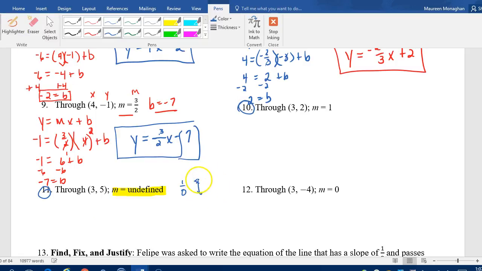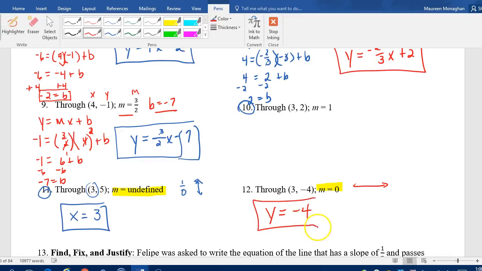It's a vertical line if it's undefined. And that means it's always x equals whatever the number is, that's your answer. If the slope is 0, that's when you're going to write y equals, because it's a horizontal line, and whatever y is, that's your answer. So those are nice little gifts, okay?